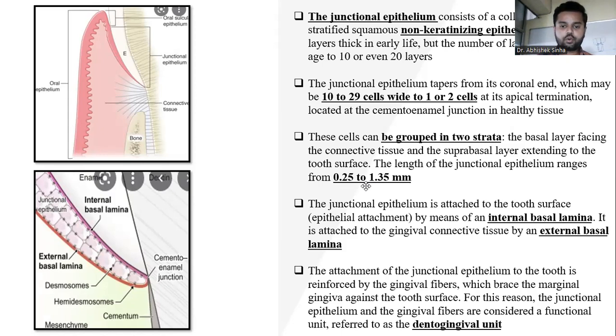That means you're making the oral hygiene instructions more strong in the patient's head. So the attachment of junctional epithelium to the tooth is further strengthened by the gingival fibers, which brace the marginal gingiva against the tooth surface. That is the reason the junctional epithelium and the gingival fibers are together considered as a functional unit and hence called a dentogingival unit.